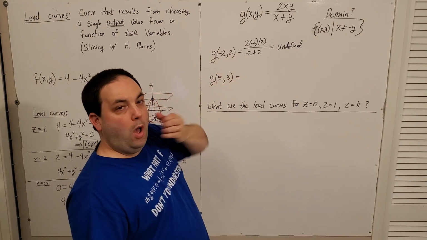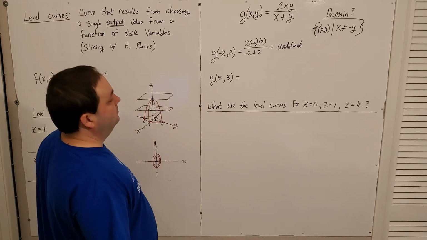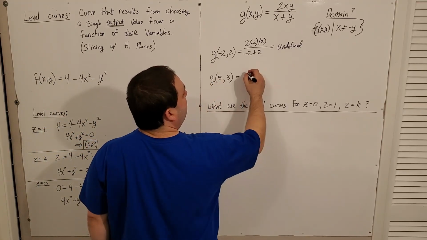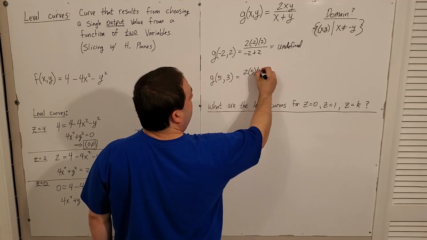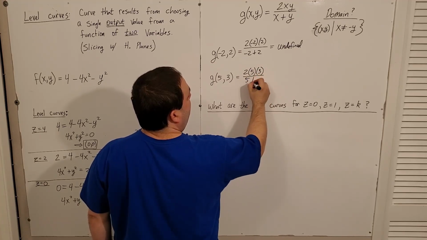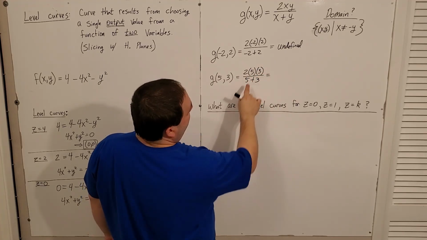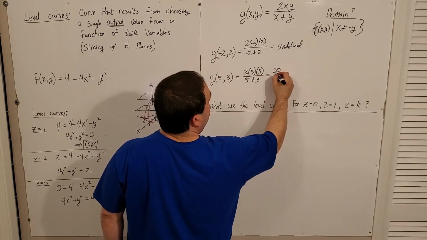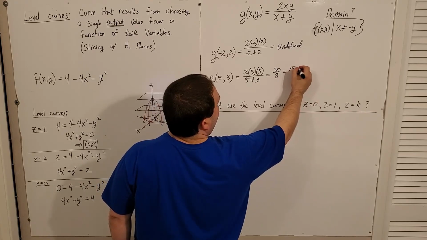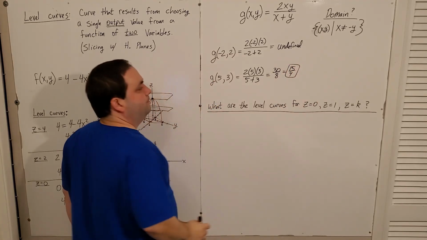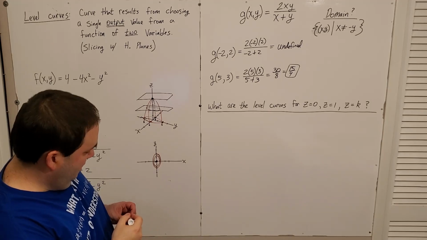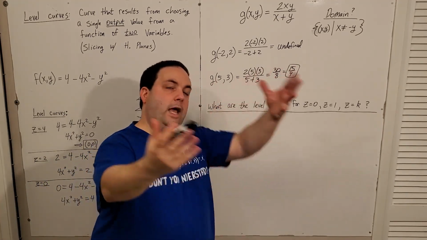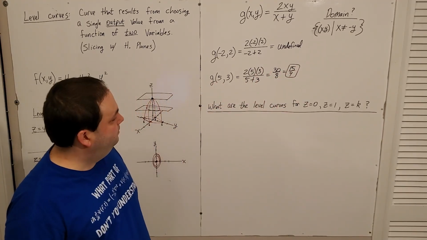X is the opposite of y. Definitely. Okay, g of 5, 3. 2 times 5 times 3 over 5 plus 3. So I've got 30 over 8, or 15/4. Okay, so putting in an input, getting out an output, works just like any other function.